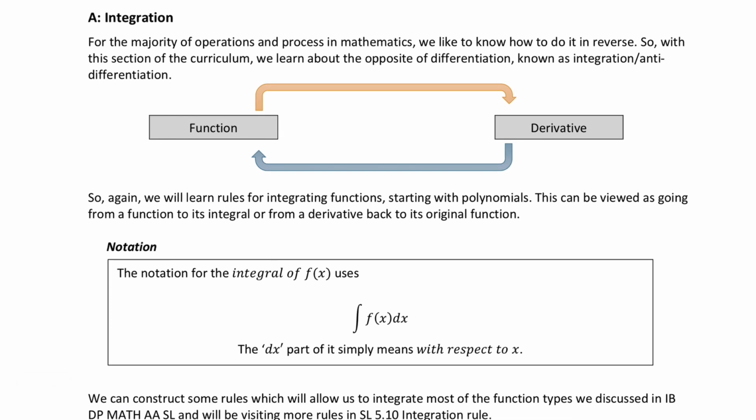So for the majority of the operations that we have discussed in mathematics, we always like to know how to do it in reverse, right? So with this section of the curriculum, we learn about the opposite of differentiation, known as integration and the anti-differentiation process. So when we have a function, and we differentiate this function, we get the derivative.